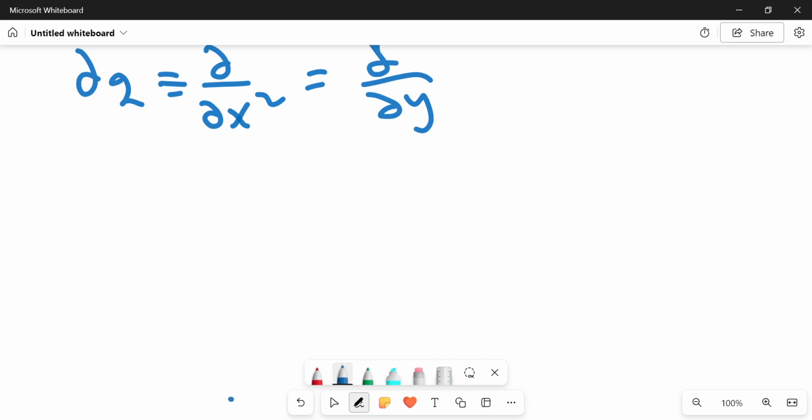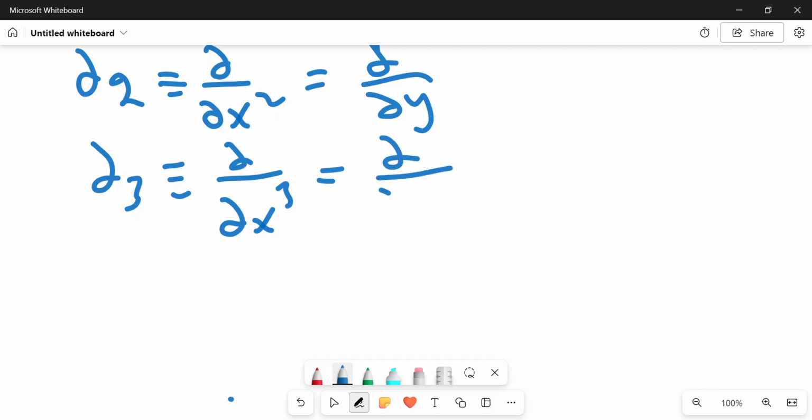Also, finally, d_3 is d over dx^3, which is d over dz. So these are some definitions.